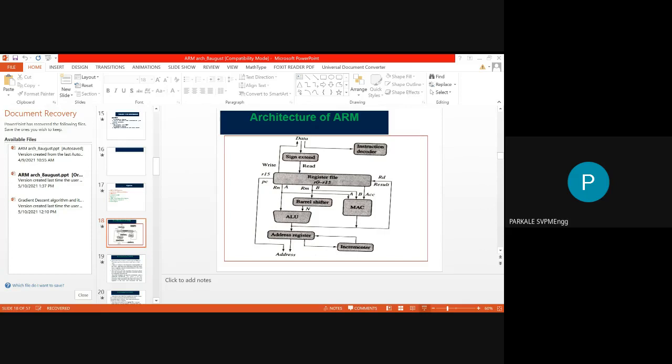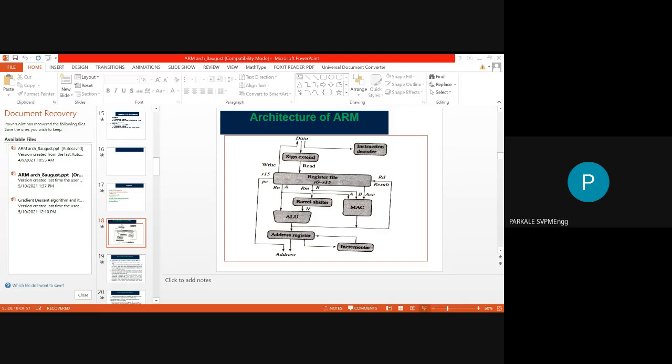The sign extend hardware is used to convert any unsigned or signed data which is not in the 32-bit format, maybe 8-bit or 16-bit, into 32-bit.